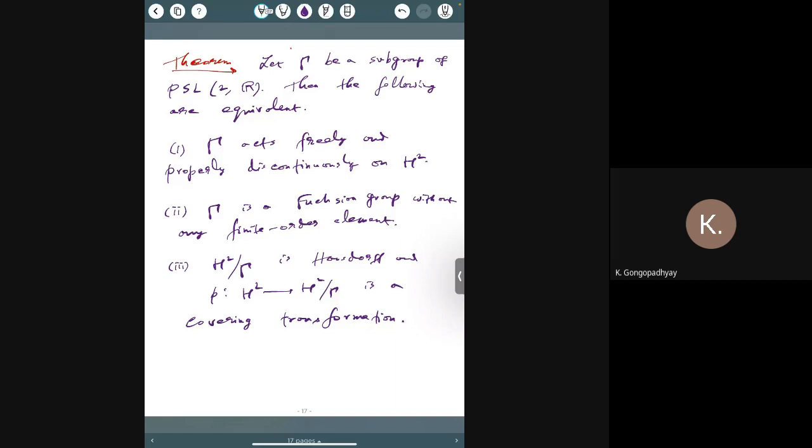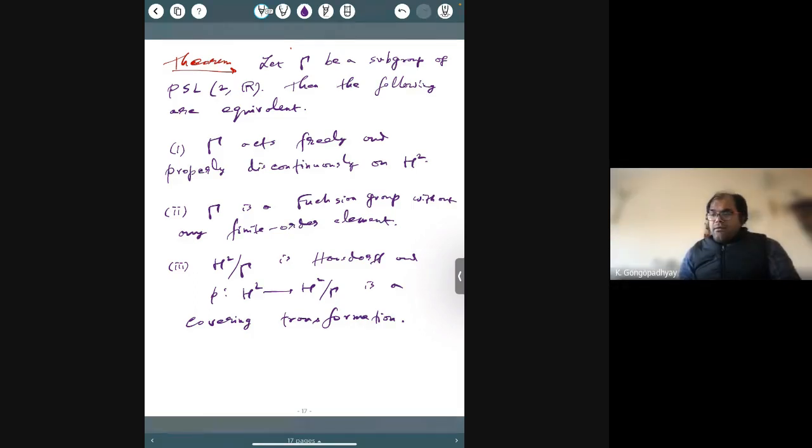But the punchline here is the following, that a group acting properly discontinuously and freely on H2 is equivalent to saying that it is a discrete subgroup of PSL2R.